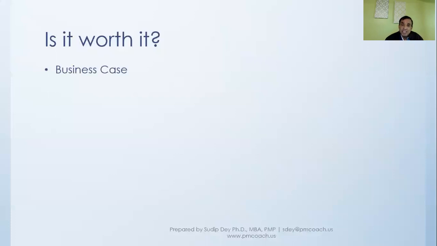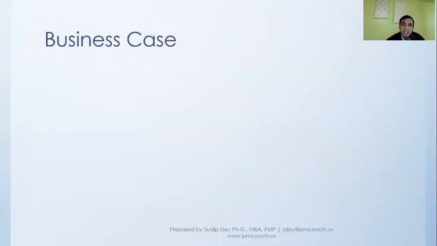One is the business case. What is the business case? From the business standpoint, what it is giving and how it is getting triggered. And the second is the cost benefit analysis. How does it look in terms of the finance? So let's look at each of them a little more closely. Business case. We said that a business case document will come about.